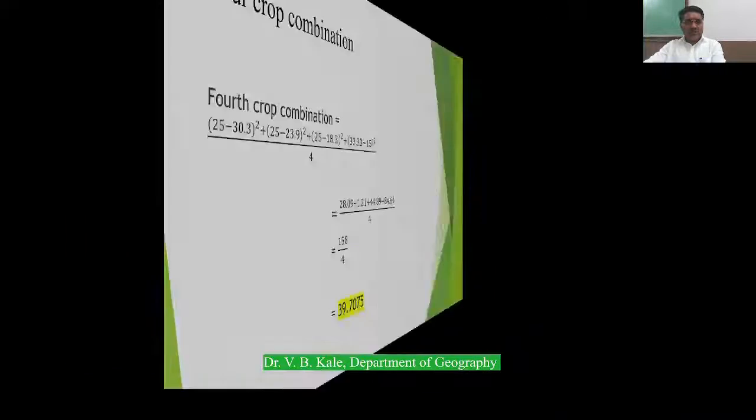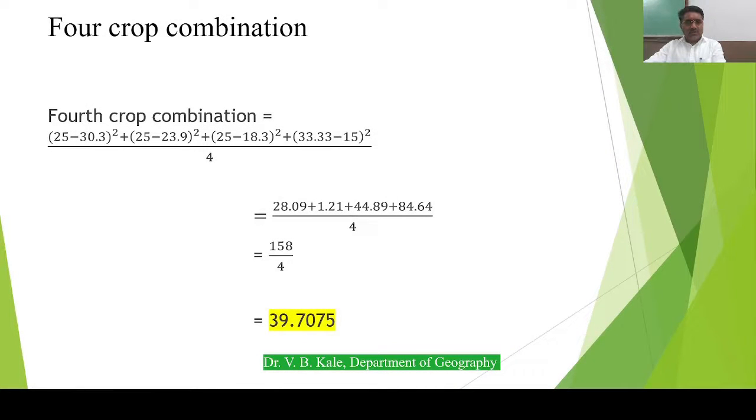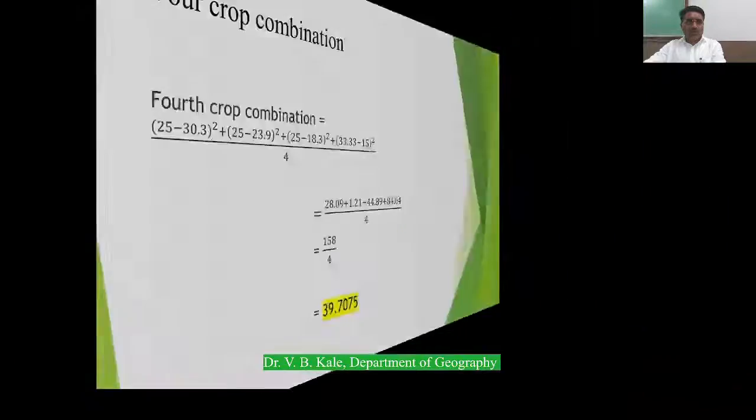So 39.7075, this calculation is the least variance, and that's why in this field we can grow four crops combinedly, so this field has four crop combination.